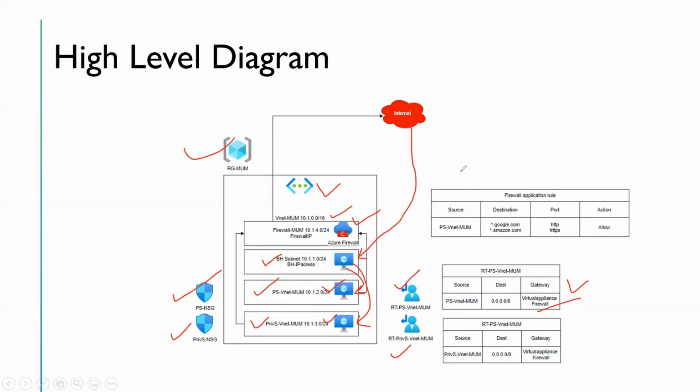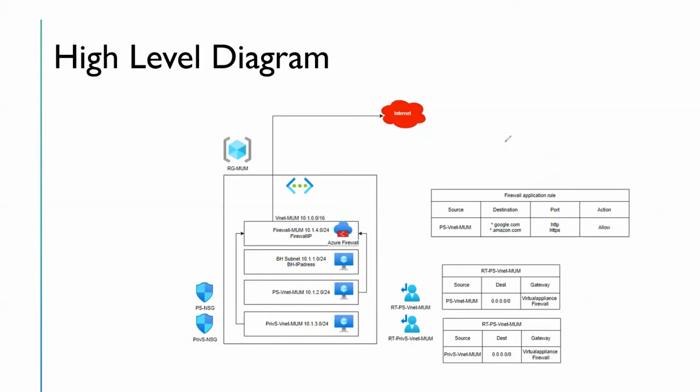On the firewall, we will create an application rule, and in this application rule, only the public subnet is allowed access to the internet. By default, everything is blocked on the firewall, and we need to create rules for allowing access. I hope you understand the diagram.